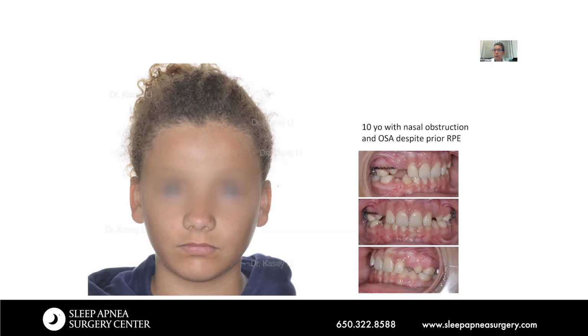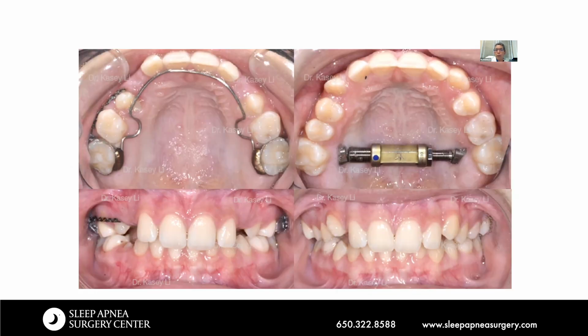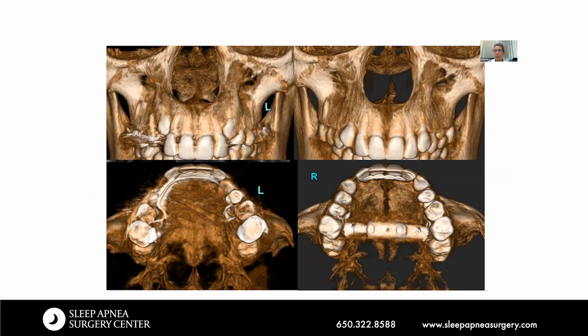Some have had multiple expansions already. So their jaw is already wide, and I didn't want to create such a wide jaw. It doesn't look good. So I want all the manipulation to be skeletal, because my objective was to open up their nose to improve breathing and improve sleep.